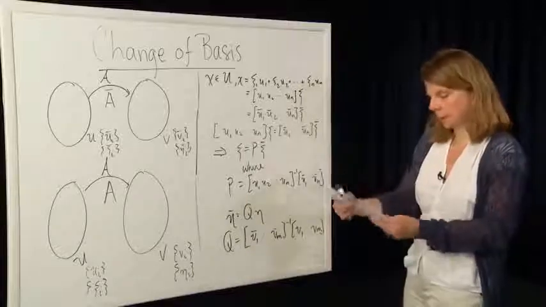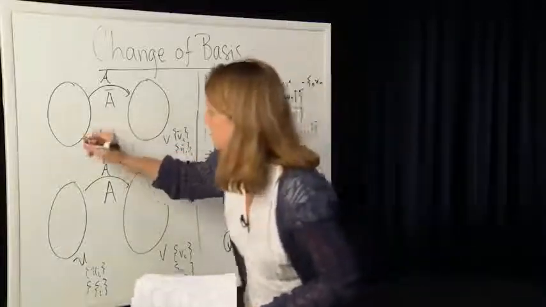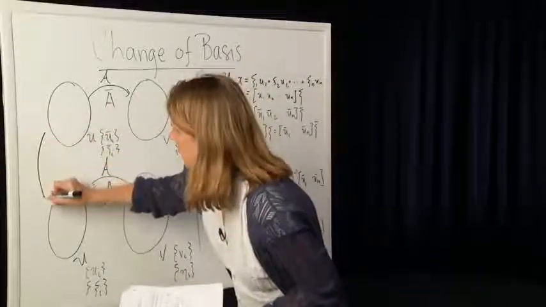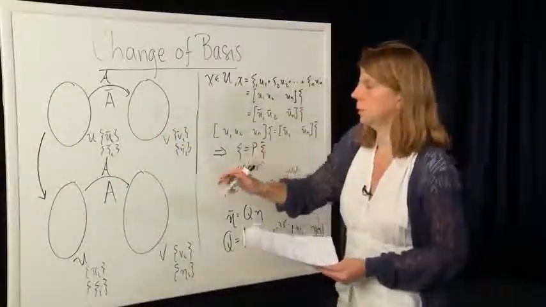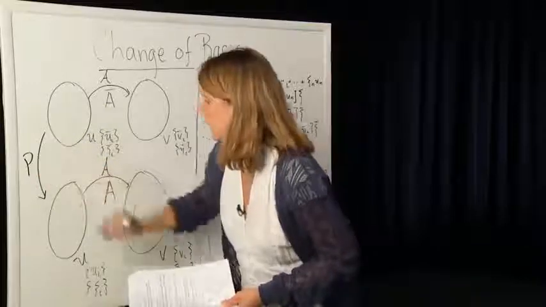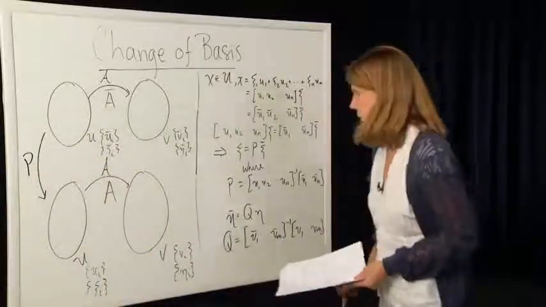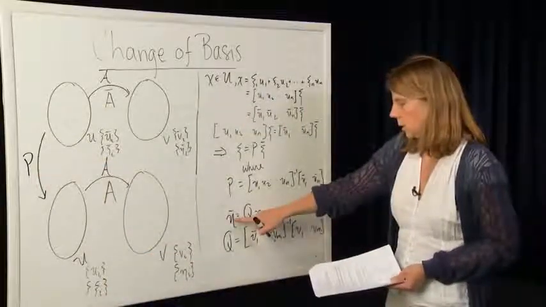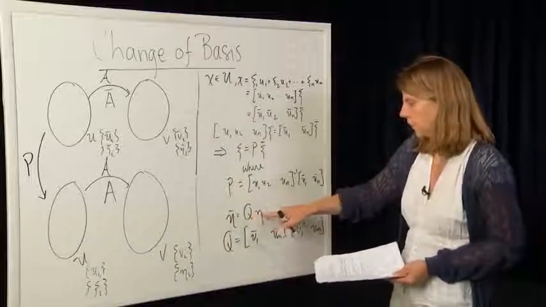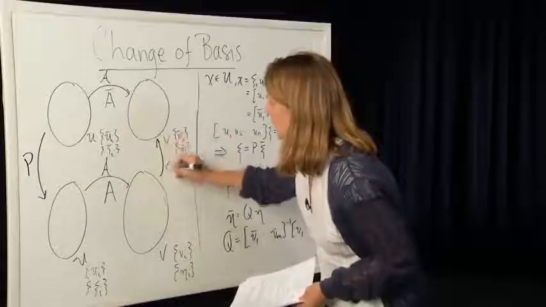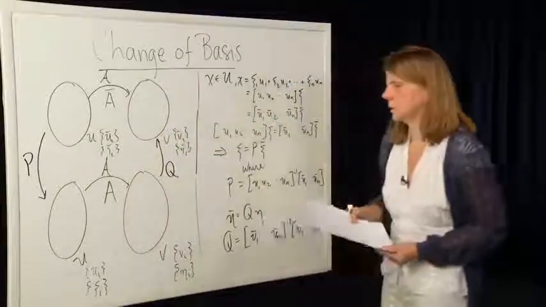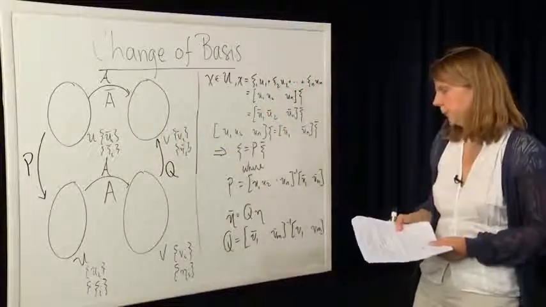So I can actually go back to my diagram here, and I can say that if I take the vectors xi bar and I pre-multiply by the matrix P, then I get the coordinates xi. And similarly, if I take the coordinates eta, and I pre-multiply by the matrix Q, then I get the coordinates eta bar.